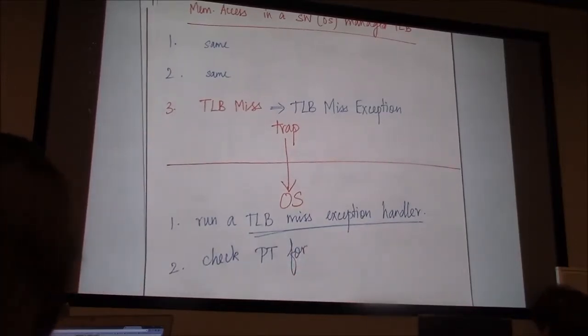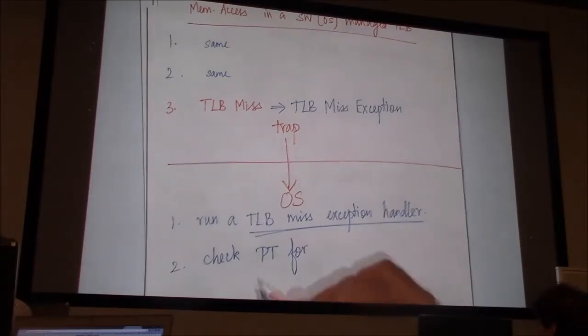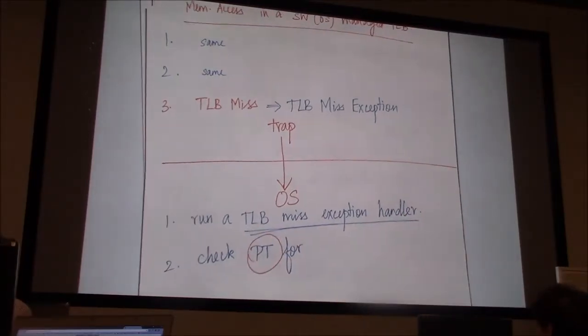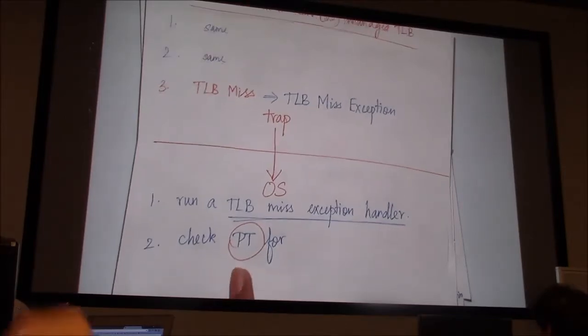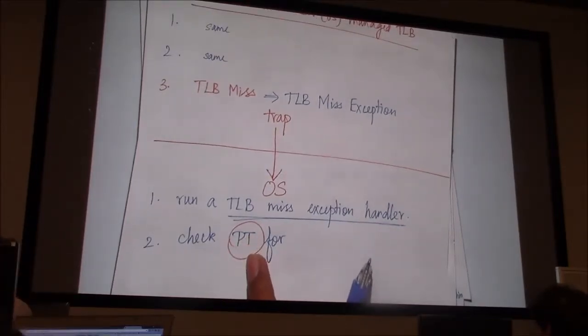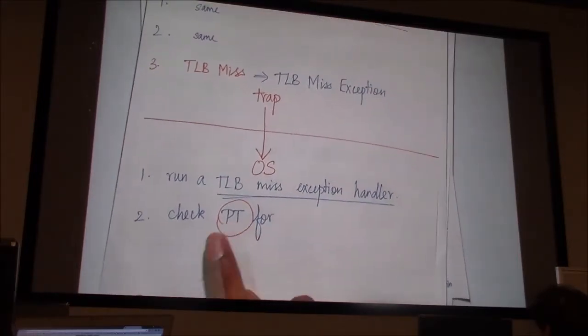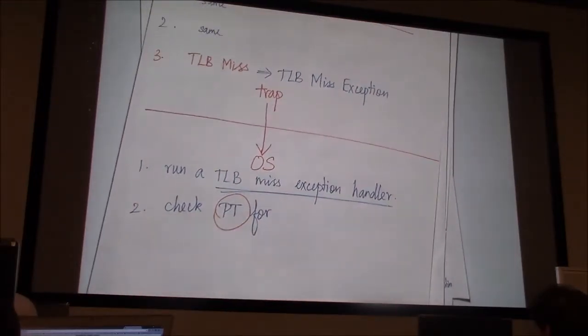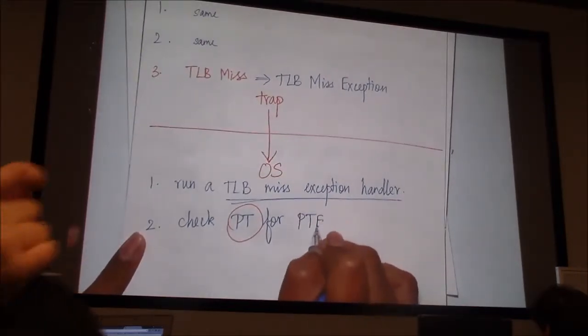Now do we need the page table base register for accessing the page table? We really don't need it, because the operating system is doing this and the page table is just a data structure within the operating system, so it can access it directly to get the page table entry.